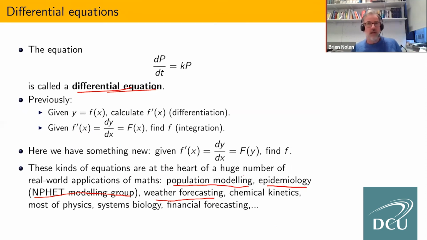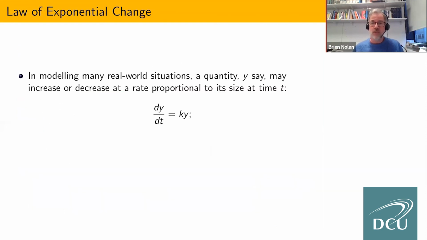Most of physics involves differential equations. Systems biology involves differential equations, modeling the flow, say, of blood through the heart. They're used in financial forecasting. They're used in modeling human behavior as well. So nearly any system that has moving parts in it, you can probably use differential equations to solve problems about that.